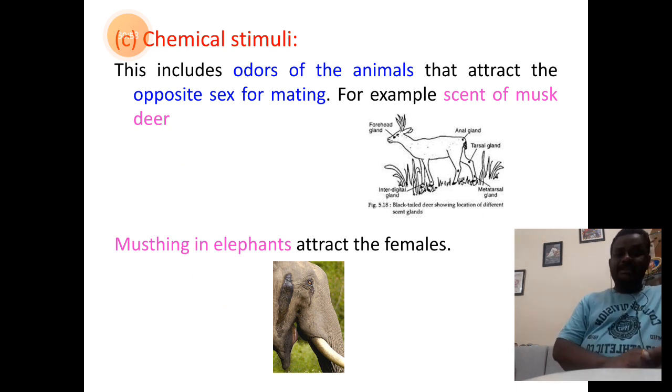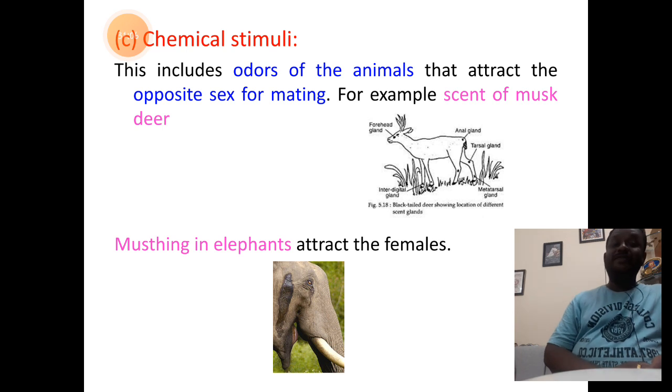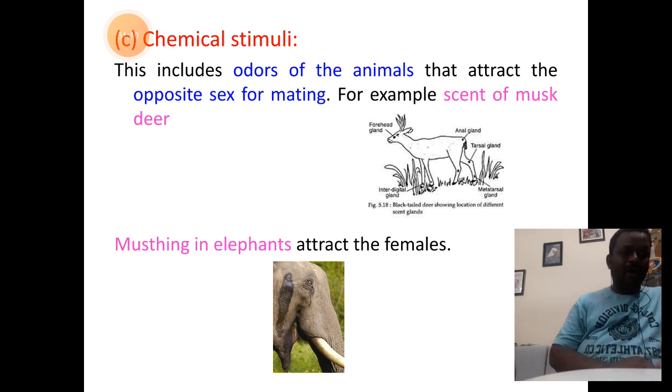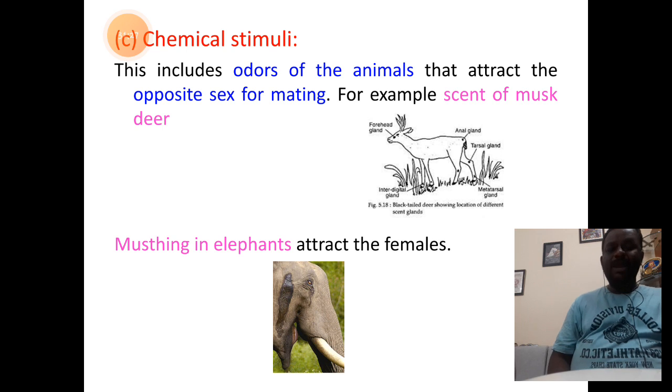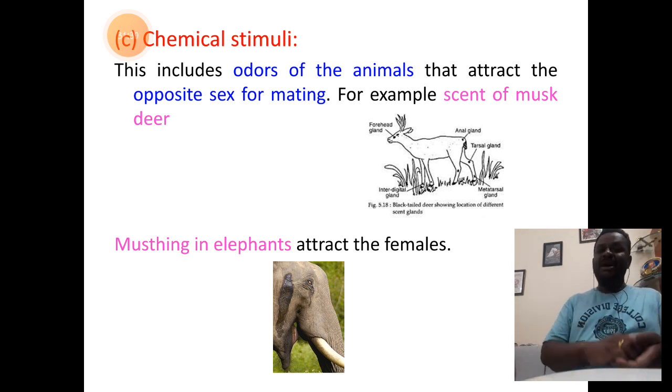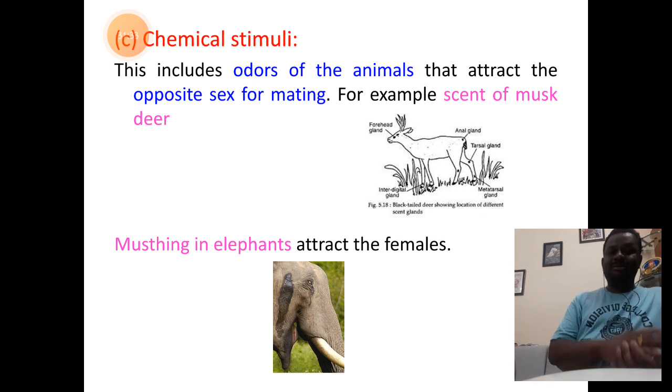The third type of signal pattern is the chemical stimulus. Majorly, it is by the production of sex hormones or pheromones, as we otherwise call them, which produce a specific type of odor or smell to attract the opposite sex for mating. An example here is the musk deer, or the scent deer, where different parts of the body produce a variety of odors. Similarly, musth in elephants attracts the females.